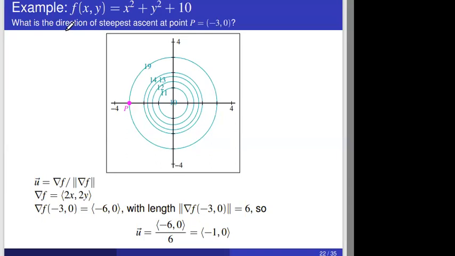What is the direction of steepest ascent at the given point? We are interested in this point and the height at this point. This is the corresponding level curve, and you can see the height is increasing in this direction.